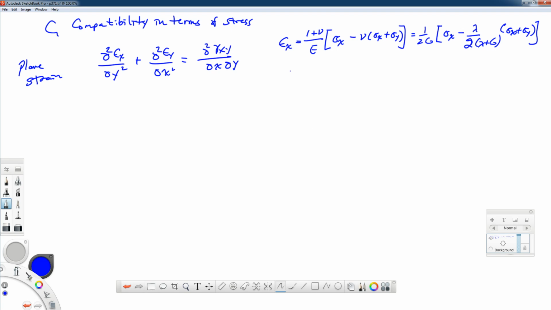So epsilon x can be expressed either of these two ways, and epsilon y can be expressed in a similar way. If we do this in terms of the Lamé coefficients, I'll just write this one down: 1 over 2G, we have some symmetry in here, sigma y minus lambda over 2 times lambda plus G, times sigma x plus sigma y.